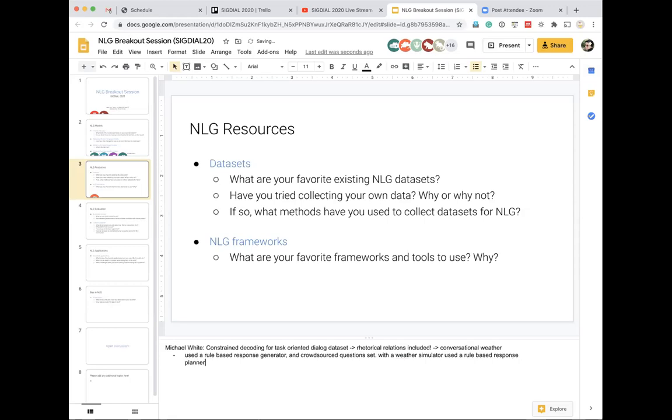We had crowd workers come up with, according to guidelines, ways to express the content while respecting the rhetorical relations. For example, if the question is what's the weather this weekend, the response might explicitly point out a contrast: it'll be sunny on Saturday, but there will be heavy rain on Sunday.